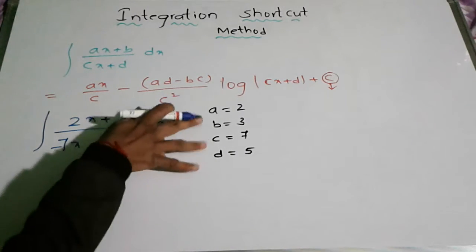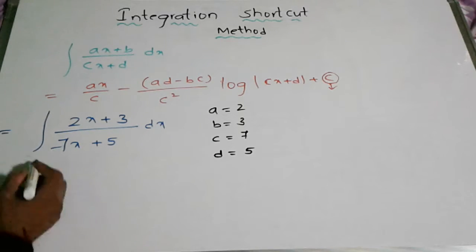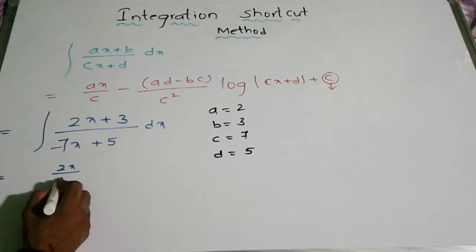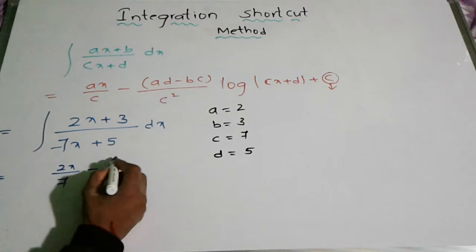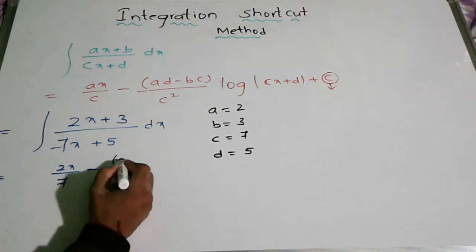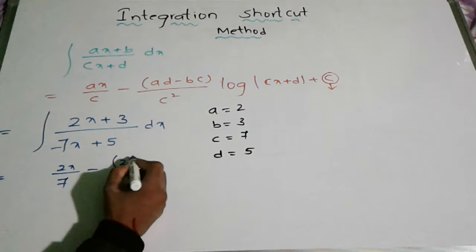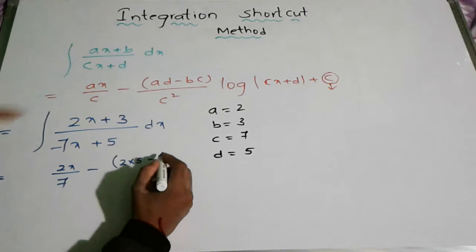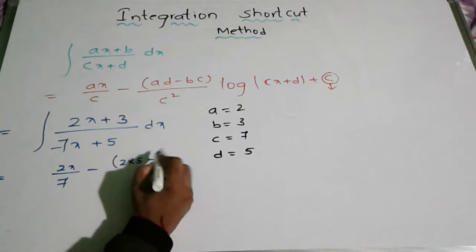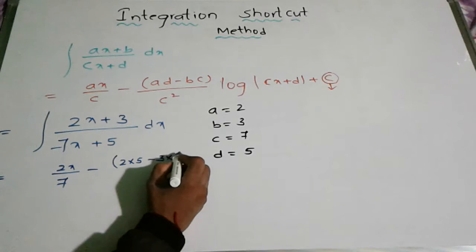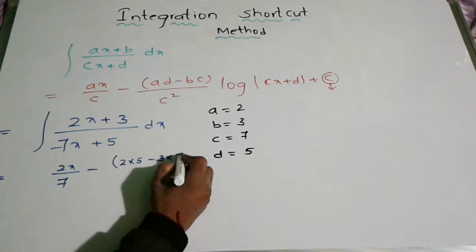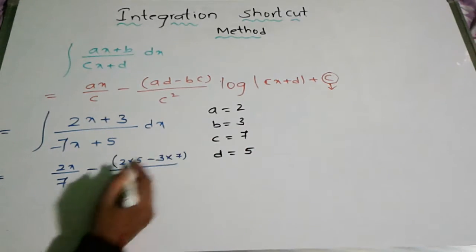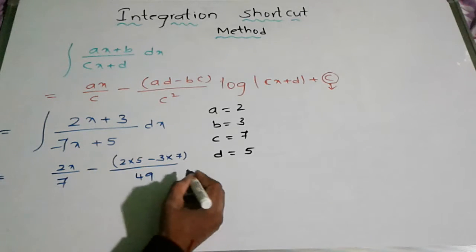And I'm substituting these values over here, right? 2x upon 7 minus, here a value is 2 multiplied with d, that is 5, minus the value of b, that is 3, times 7, upon here c square, that is 7 square, which equals 49, right?